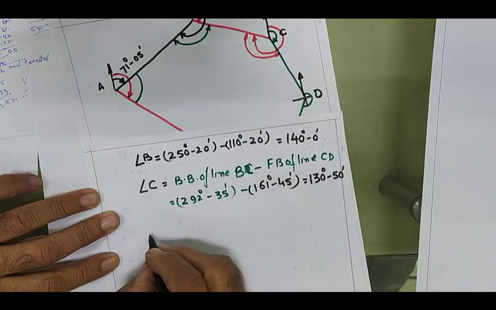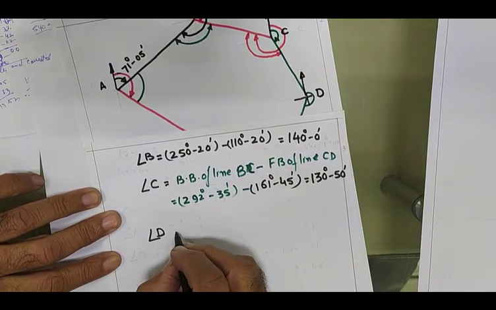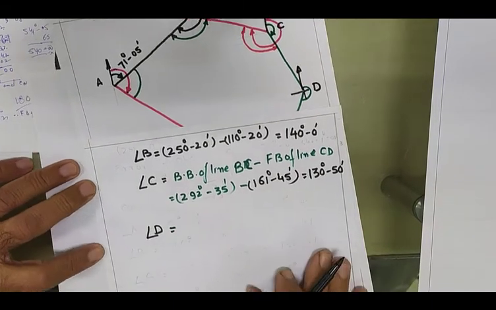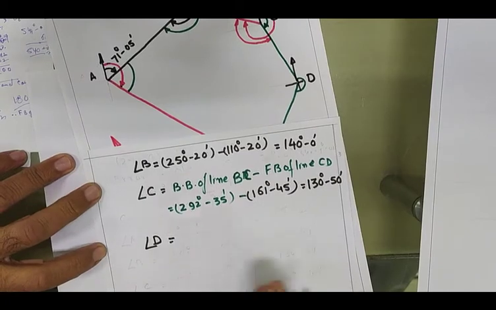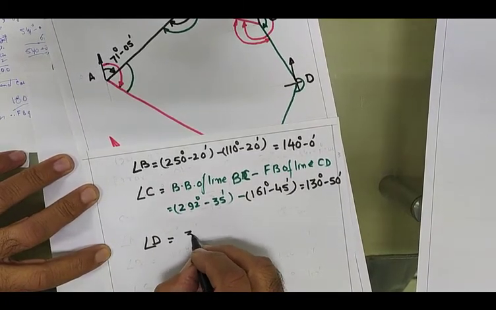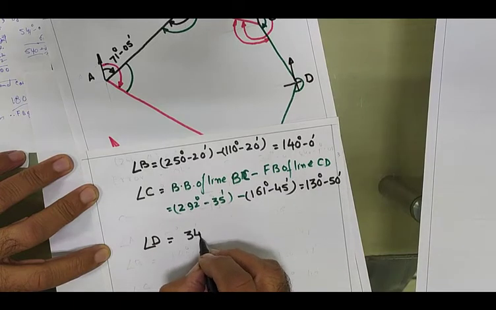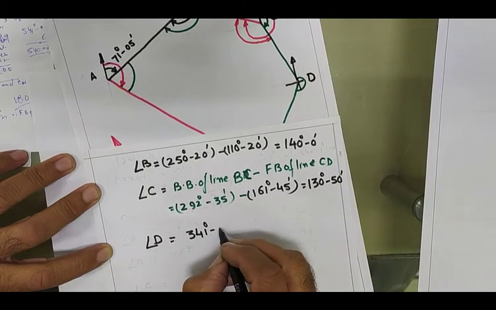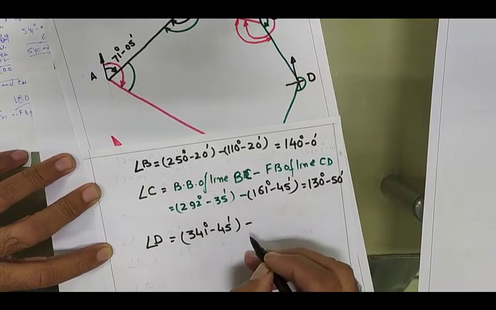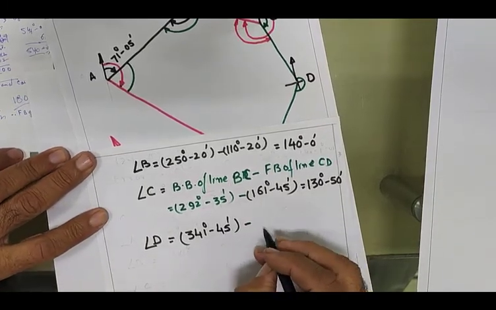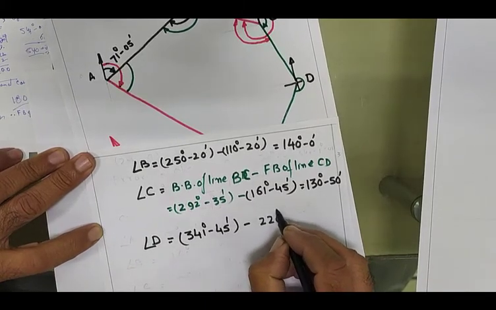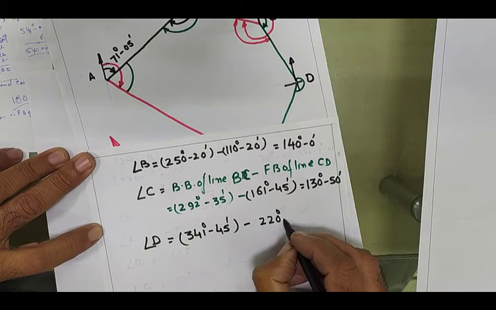Similarly, you can calculate the angle D. Angle D is the back bearing of line CD, which is equal to 341 degree 45 minutes, and the forward bearing of line DE, which is equal to 220 degree 50 minutes.